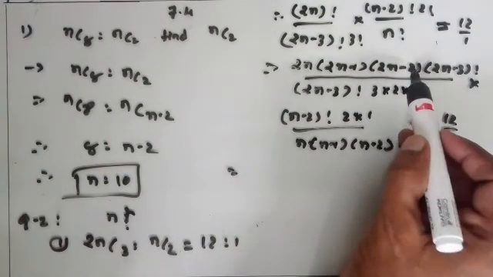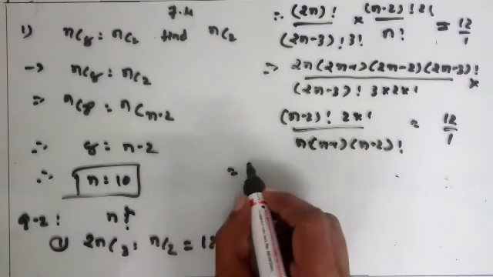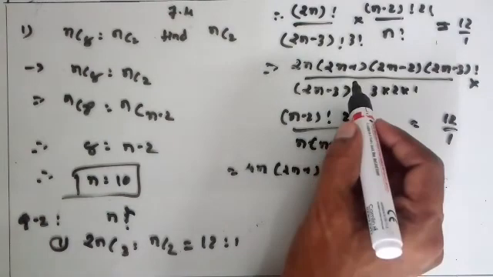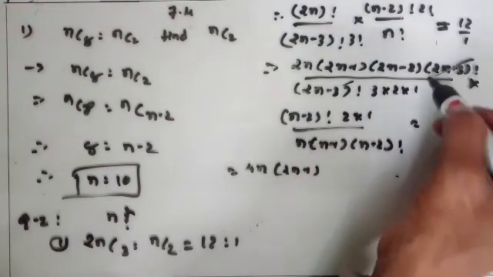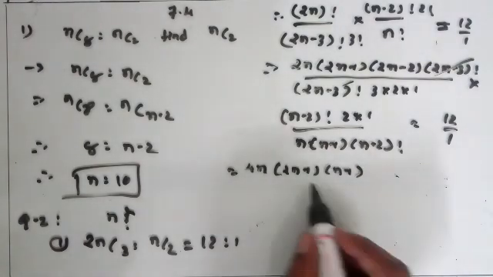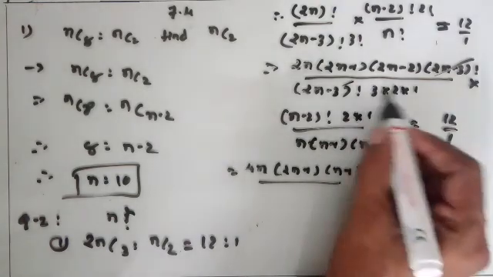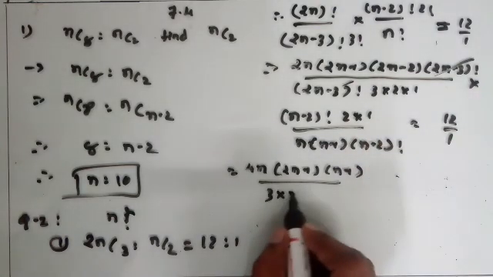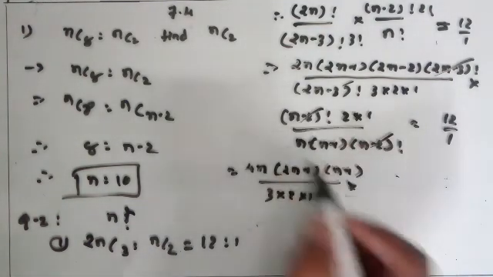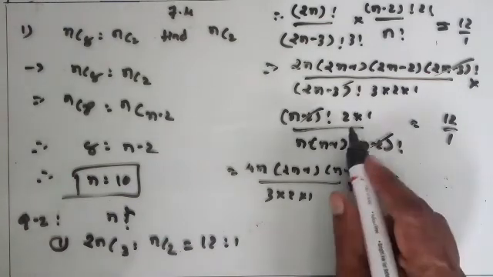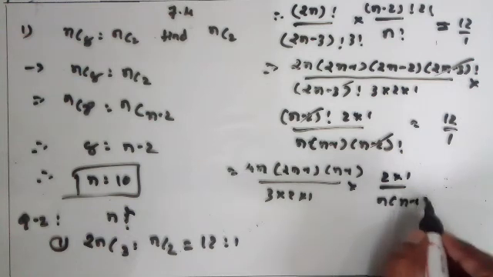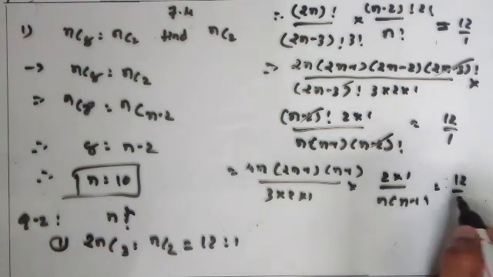Now simplify this. Taking 2 common from this, here we get 4 into n into (2n minus 1). From both numerator and denominator (2n minus 3) factorial cancels. Here 2 taken common, so we get (n minus 1) upon 3 into 2 into 1. (n minus 2) from both numerator and denominator cancels, so here we get 2 into 1 upon (n minus 1) is equal to 12 upon 1.